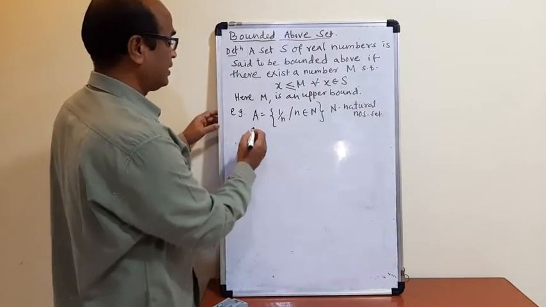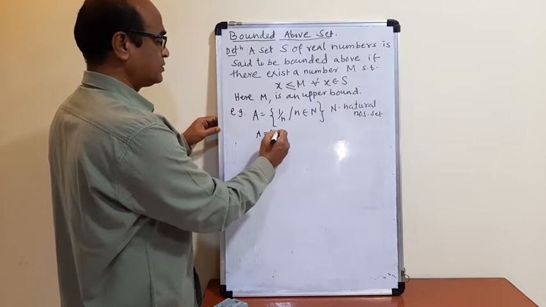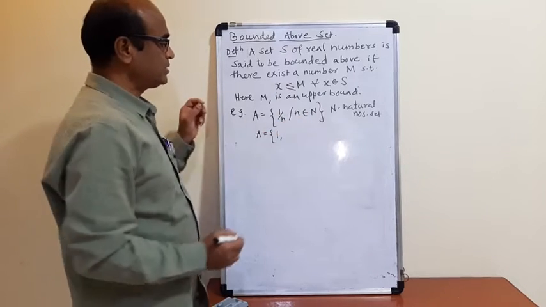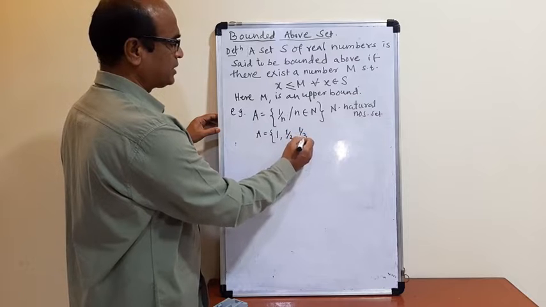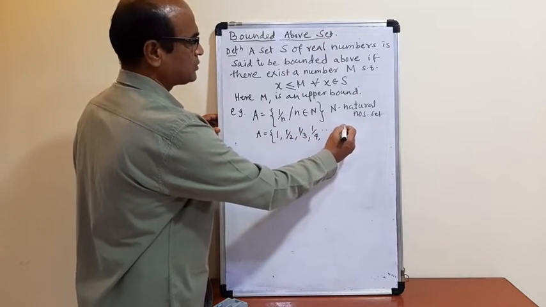Put n equal to 1, so 1 upon 1 is 1. Put n equal to 2, so that is 1 half. N equal to 3, 1 by 3, 1 by 4, and so on. So we get here what?